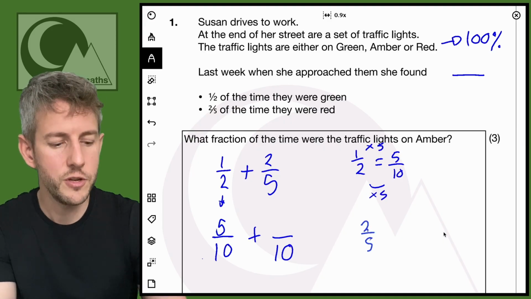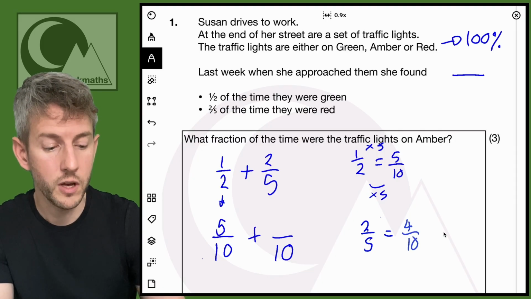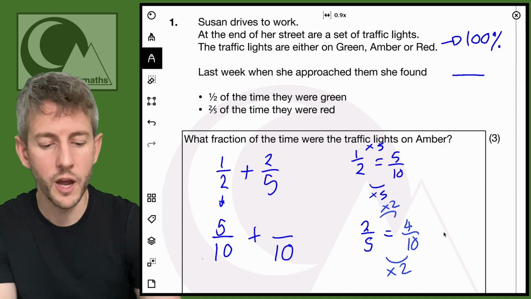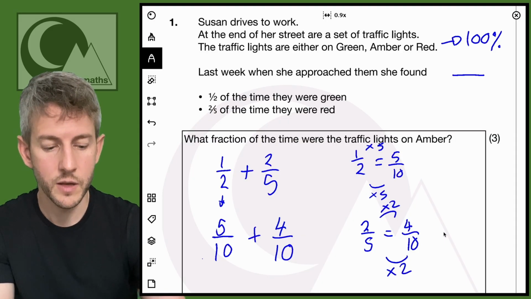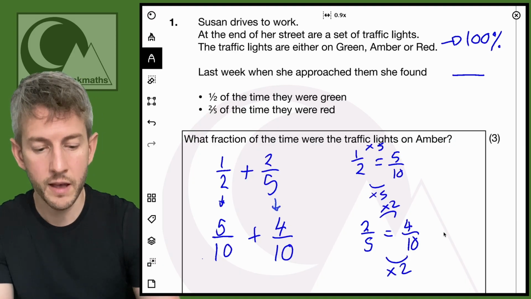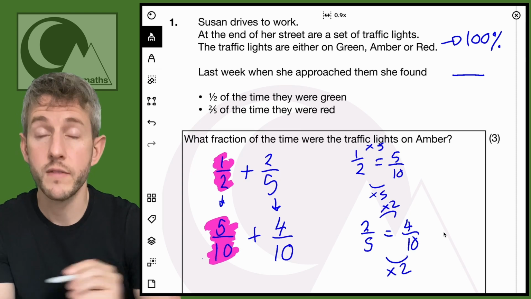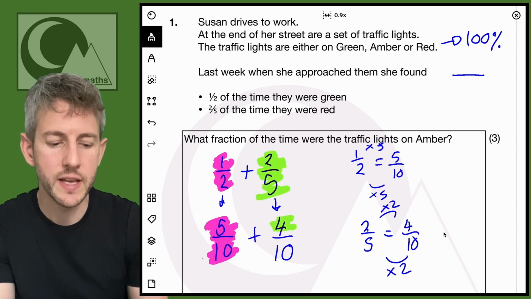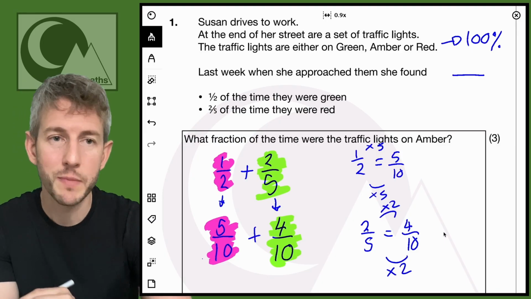I also know that 2/5 becomes 4 out of 10 because I've times the top by 2 and I've times the bottom by 2. So here we go. We've got 5 over 10 plus 4 out of 10. Remember, this half is the same as 5 over 10, and 2/5 is the same as 4 over 10. If you type these into your calculator, they would give you the same decimal answer.